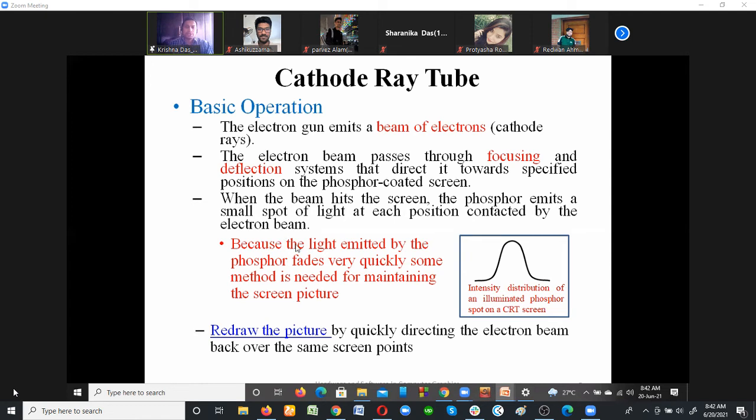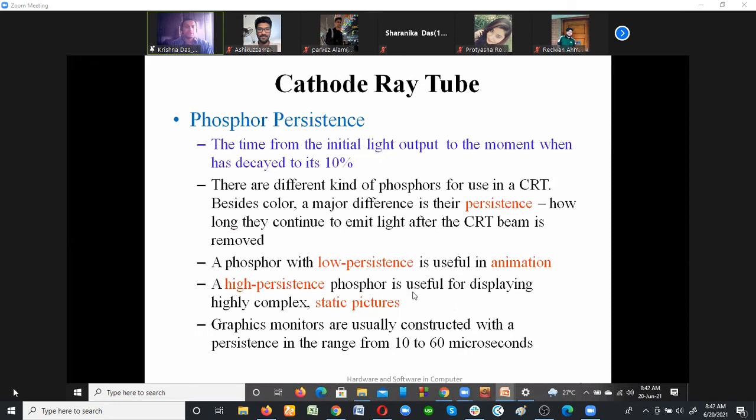Also, we discussed redrawing the picture, why it is necessary to redraw the picture in CRT. What was the reason for it?